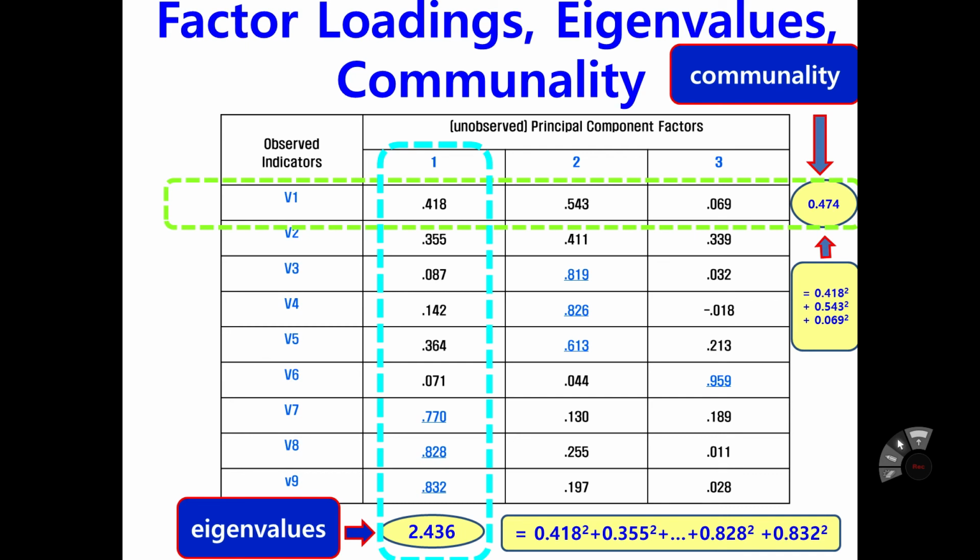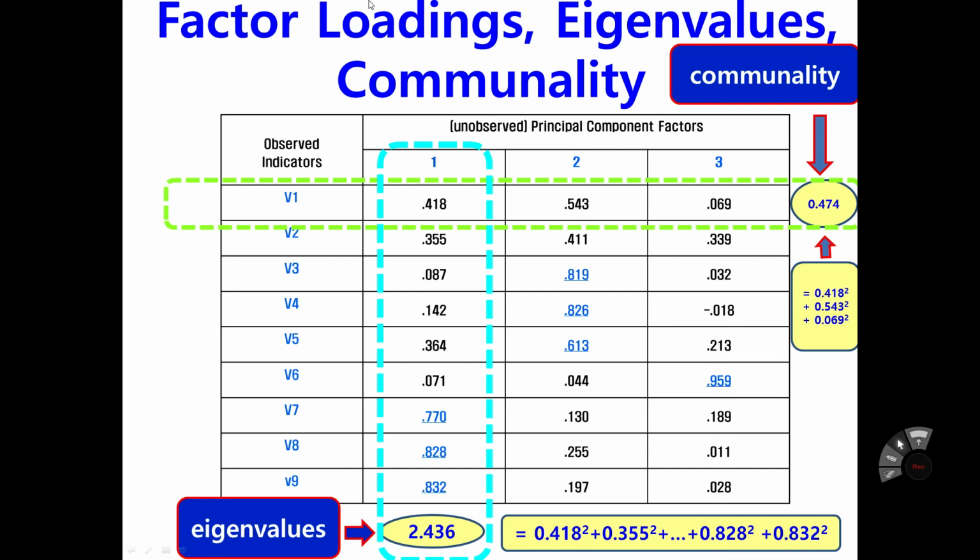Alright. Second, communality. How would you get the communality? In order to get the communalities, you have to summate all squared factor loadings horizontally as opposed to vertically. So horizontal summation of squared factor loadings will give you the communality for each observed indicator.